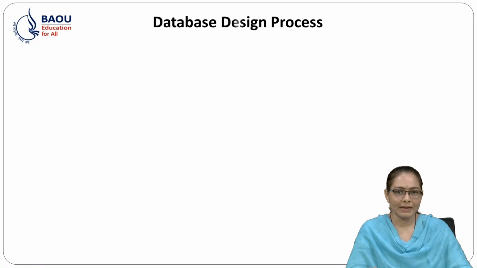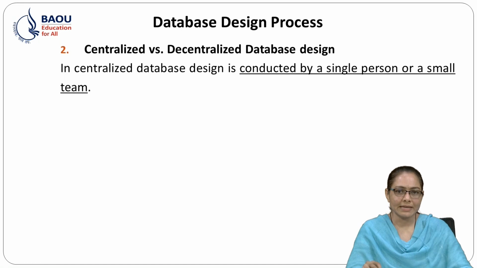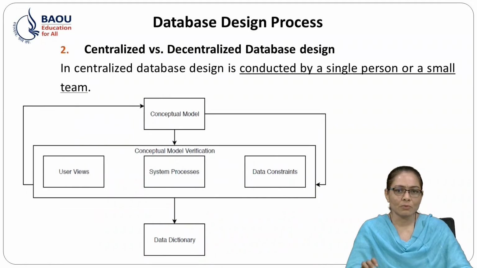Now, the next one is centralized versus decentralized database design. In a centralized database design, the design is conducted by a single person or a small team, as shown in the figure. At the conceptual level, all the verification of the data and its constraints are done, and then all the data are stored in a data dictionary, so all the data and relationships are in one place.